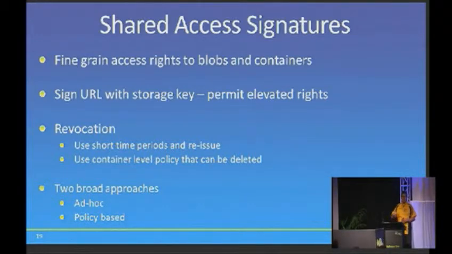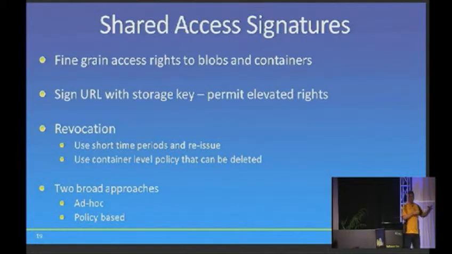There are going to be times when we actually want to have some way of giving a trusted user access to our data. And the way we do that is we use a thing called shared access signatures. Shared access signatures allow us to create a digitally signed URL that provides an elevated set of permissions to a blob or a container for a specified period of time.